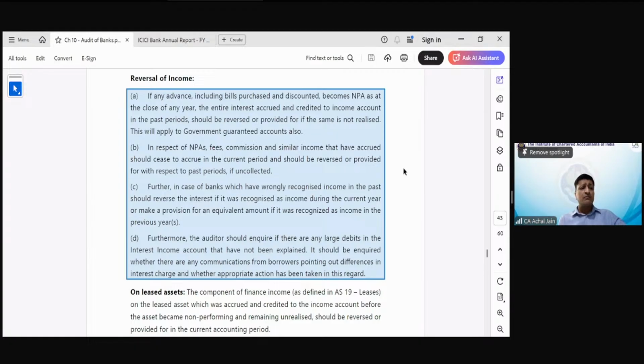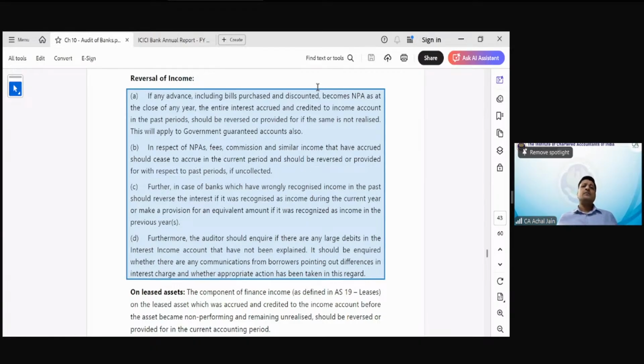Now, let's suppose in the month of March, you find that such advances have become NPA. So now what will you do? For an NPA, you will say, okay, if these are NPAs, I'll not recognize interest income on that.